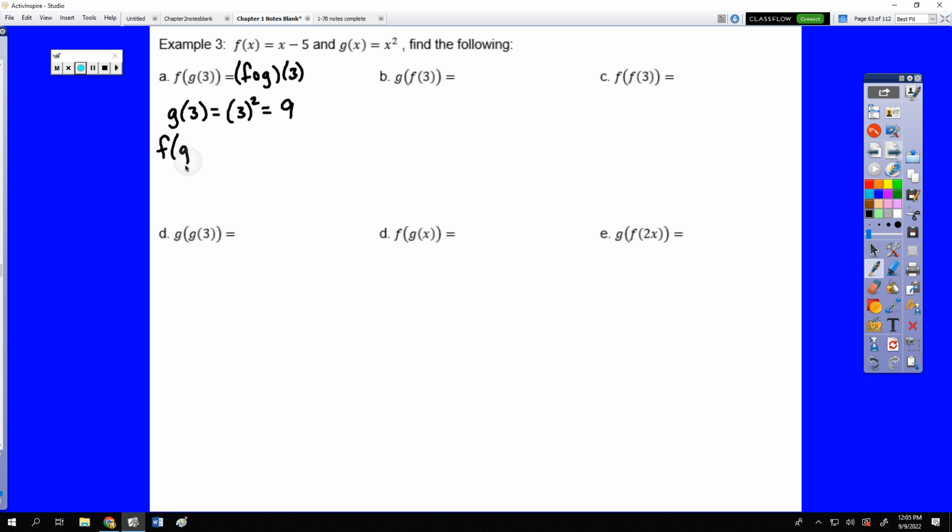Then to find f of g of 3, all we need to do is plug 9 into f of x. So we take the output from g of 3, which was 9, and we plug it into f of x. That gives us a value 9 minus 5, meaning that f of g of 3 is 4.